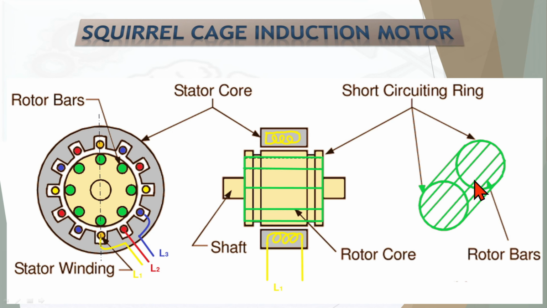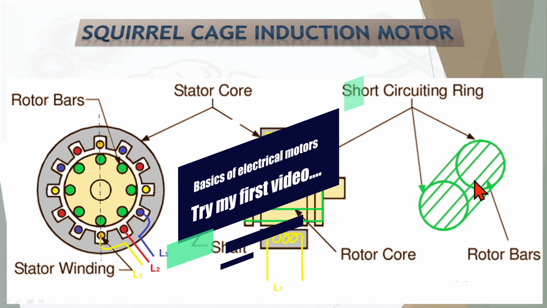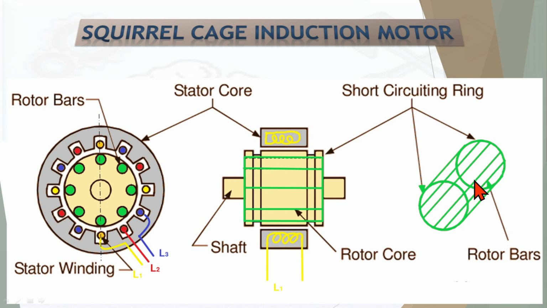For these basics, you can refer to my first and second videos, where I discussed in detail the starting of the motor, the construction and other basic principles of motors.